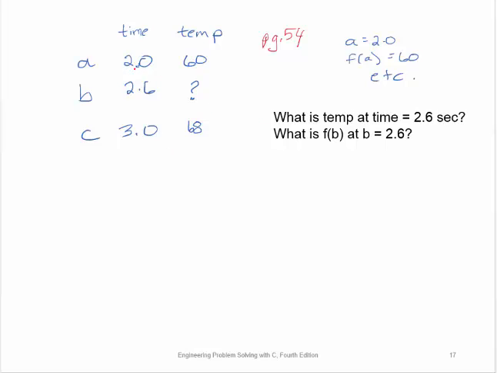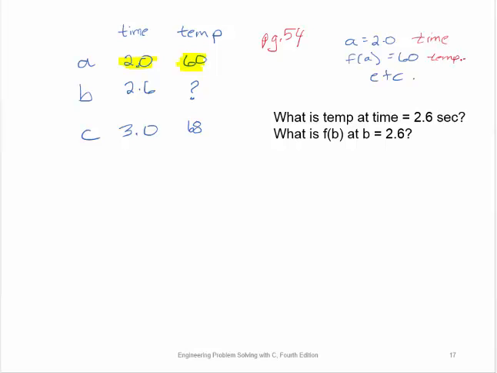So this is A, this is f of A. So this would be A right here. This is A, and this is f of A. So really, A equals 20, and f of A equals 60. So A is time, and f of A is temperature.